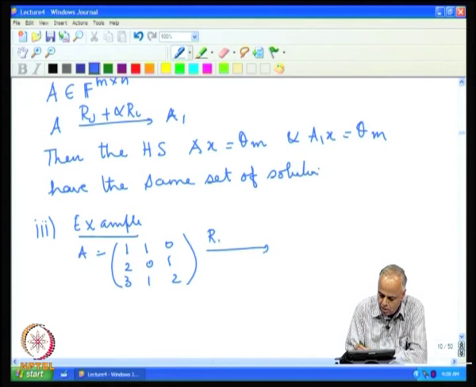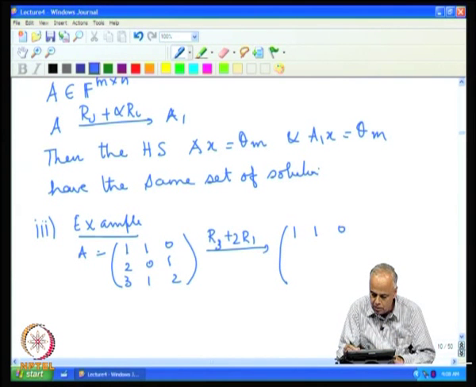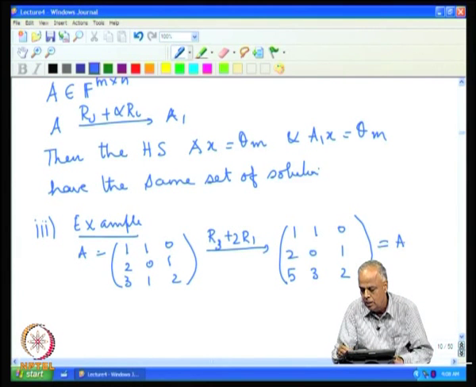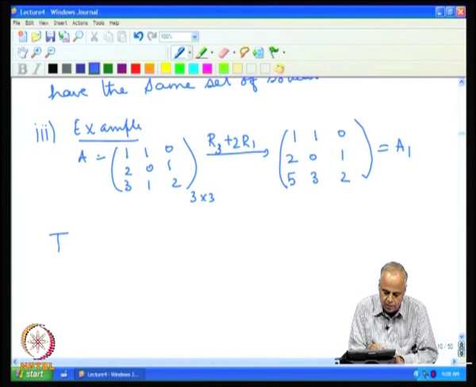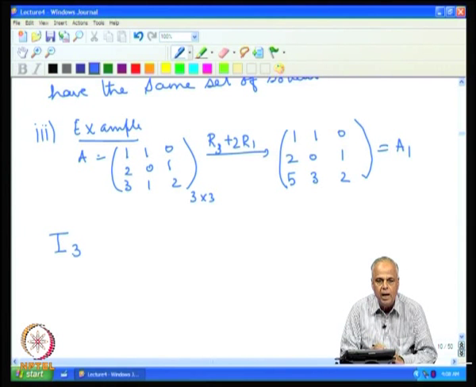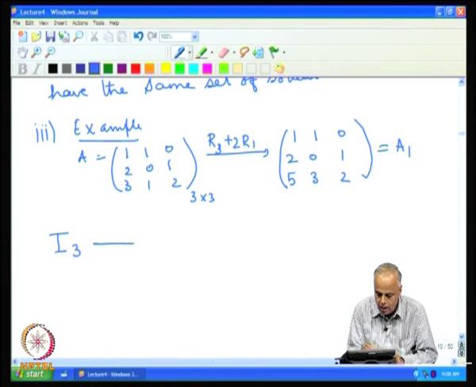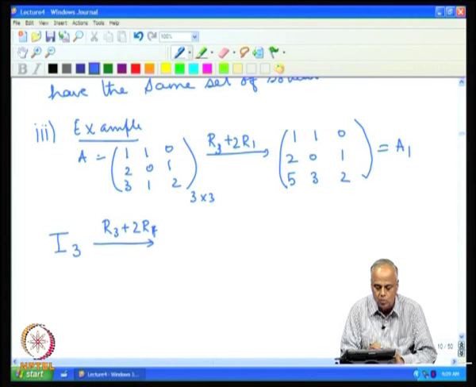We did the operation R3 plus 2R1 to get a new matrix 1 1 0, 2 0 1, 5 3 2, which we called A1. Now, we have a 3 by 3 matrix, m is 3 in this case. So, we consider the 3 by 3 identity matrix, and now on this we apply the same transformation we applied above, R3 plus 2R1.